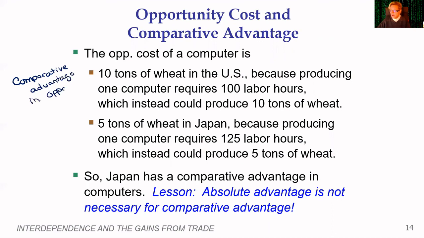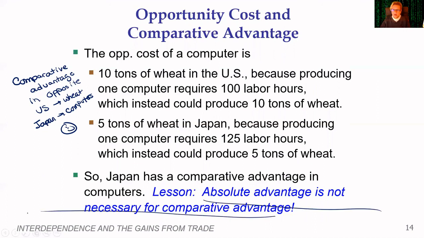So we said, using the trade table, that the US had a comparative advantage in wheat, so they predominantly produced wheat, but because of the discrepancy in labor hours, they had to produce some computers. And Japan had a comparative advantage in computers. That's why we know that these two can gain from trade, right? So this is the important point right here. Absolute advantage is not necessary for a comparative advantage.